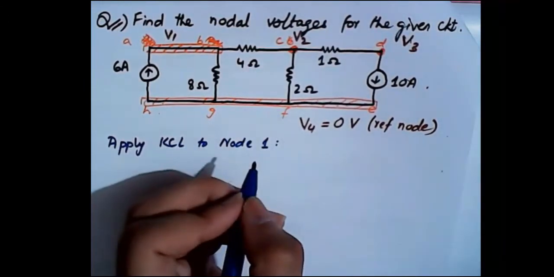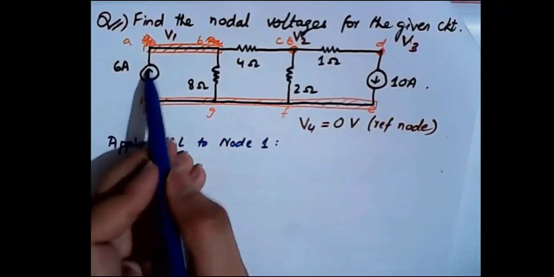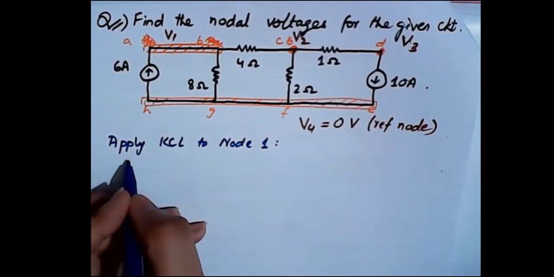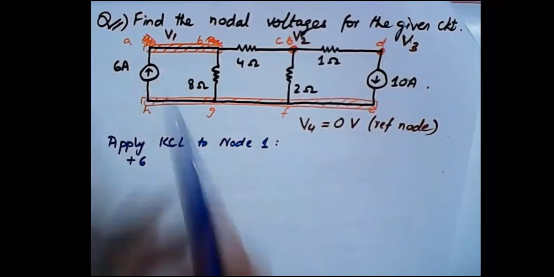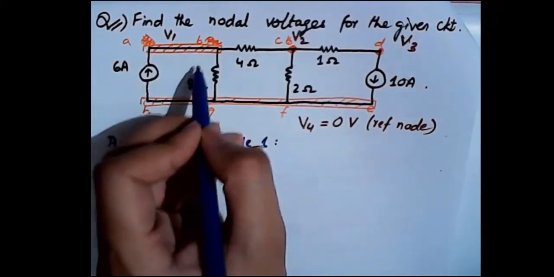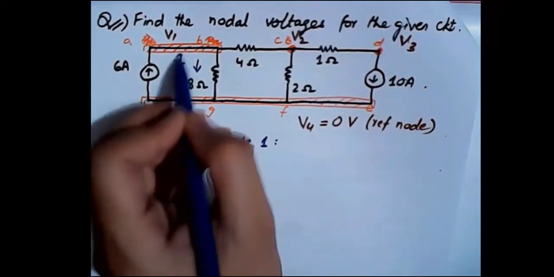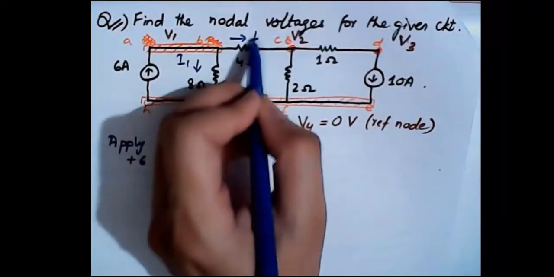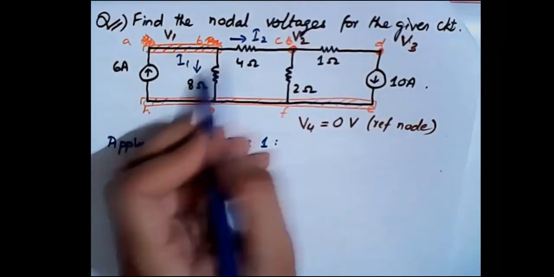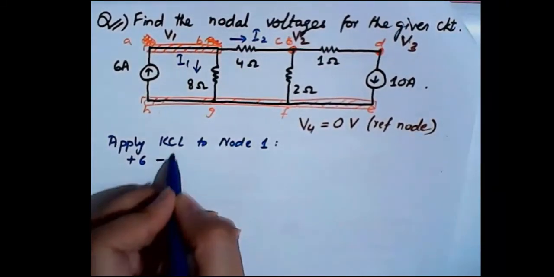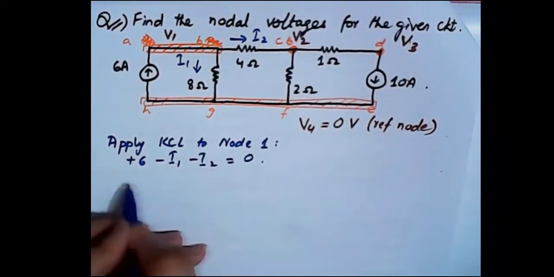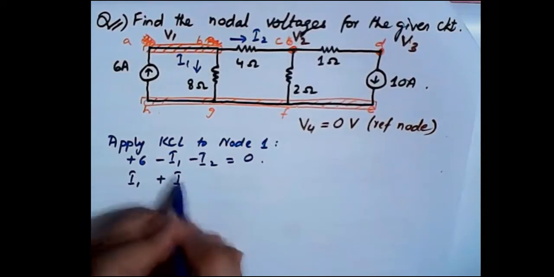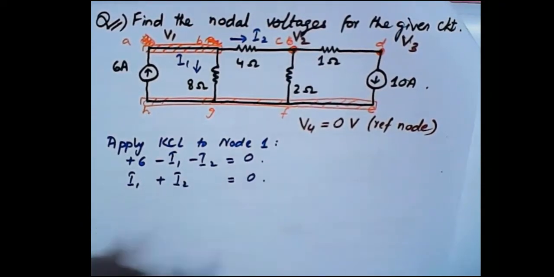Now applying KCL to node 1, you can see that here 6 ampere current is entering, so plus 6, and the remaining currents are undefined, so let's mark their directions. Let's mark these currents as I1 and I2. I1 is leaving and I2 is also leaving, so it will be minus I1 minus I2 is equal to 0, or you can say that I1 plus I2 is equal to 0.